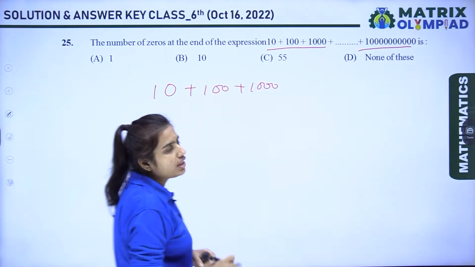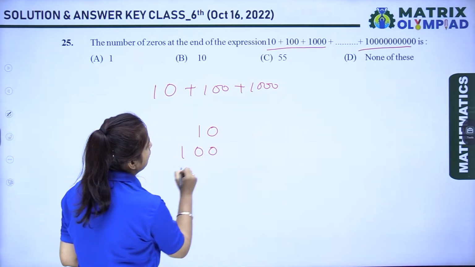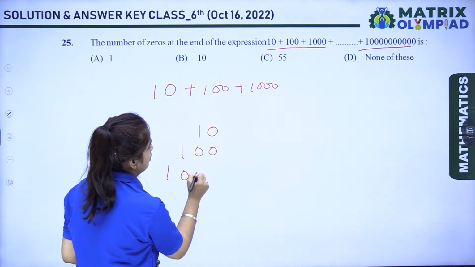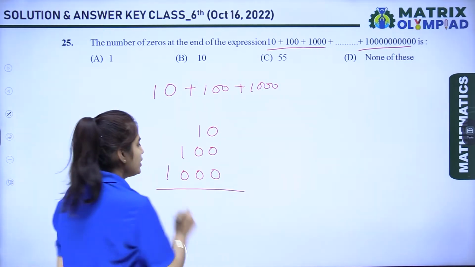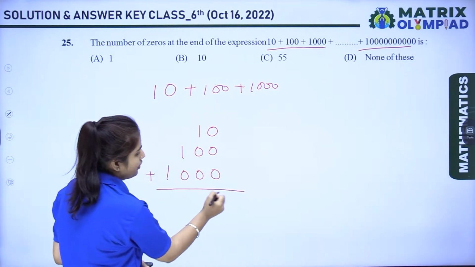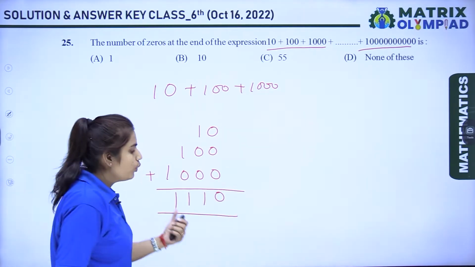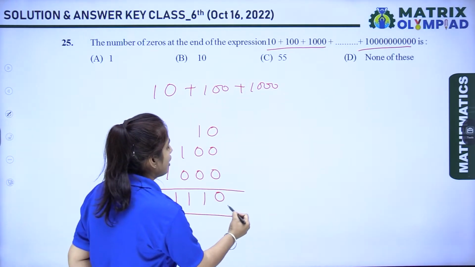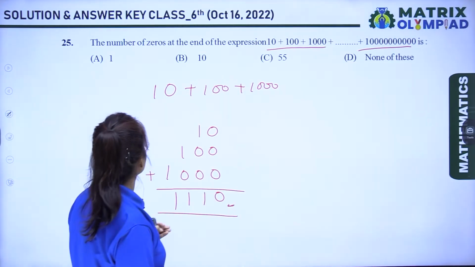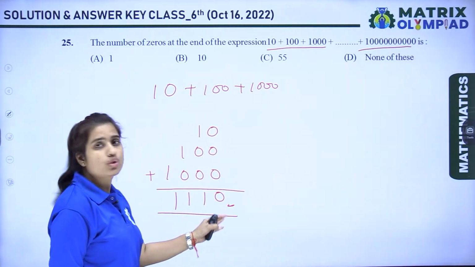After adding these three numbers, we get 1110, and the number of zeros at the end of the expression is only 1.